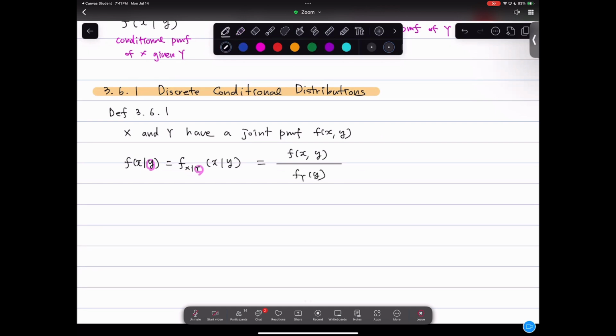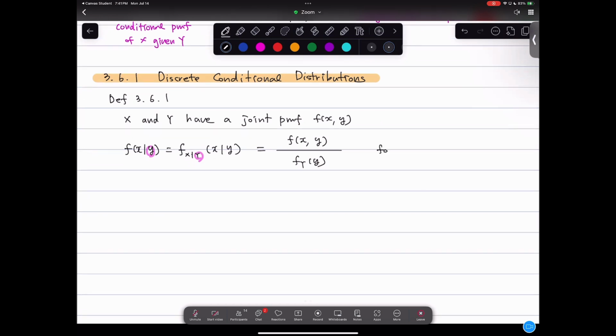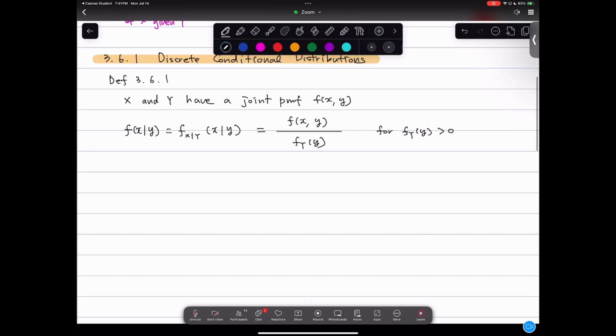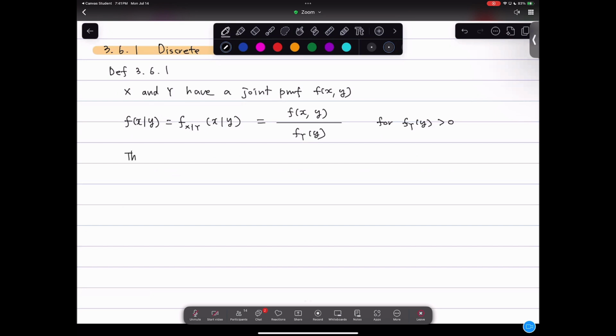Out of all the y's, I want x and y. Of course, your denominator cannot be zero, so your marginal must be positive. This is how we define the conditional PMF. This f of x given y is called the conditional PMF of x given y equals some number.